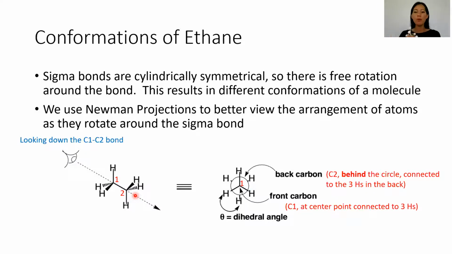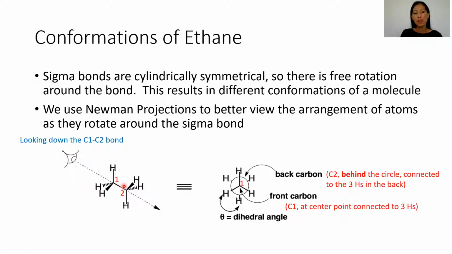If you haven't built your model yet, the black balls are carbons. You have a bond, mine is gray, and then I use white balls for the hydrogens. You can stack your white balls right on top of each other. That is the most offensive interaction because they're close together, you have more repulsion. If you can move them out of the plane, then that's a little bit better.